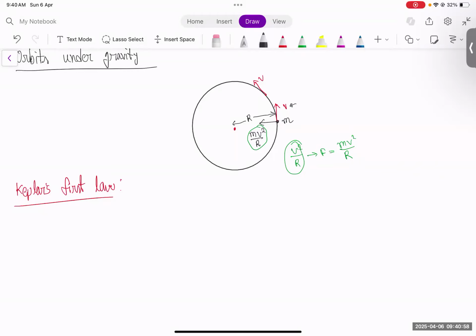Or, even more generally, we can write the most general version: all objects move around in circular tracks around their common center of mass.